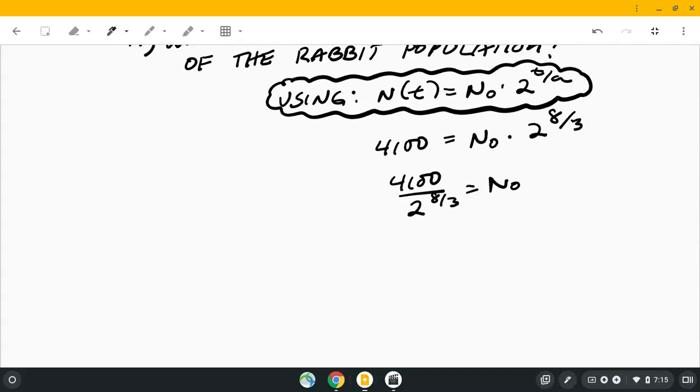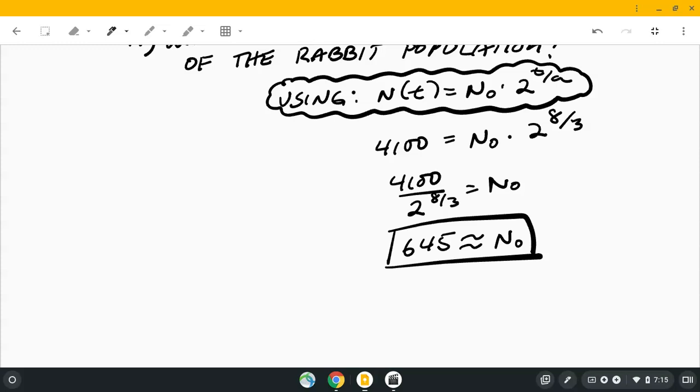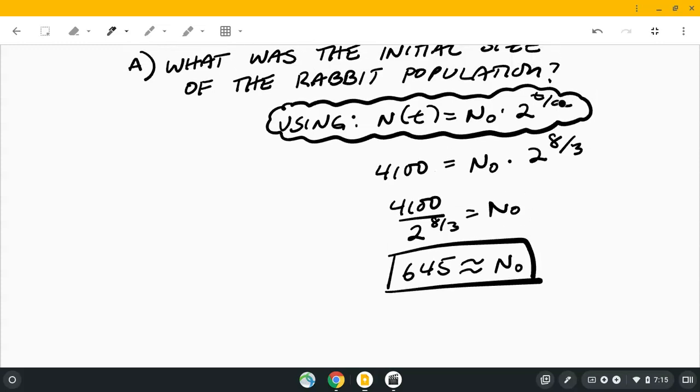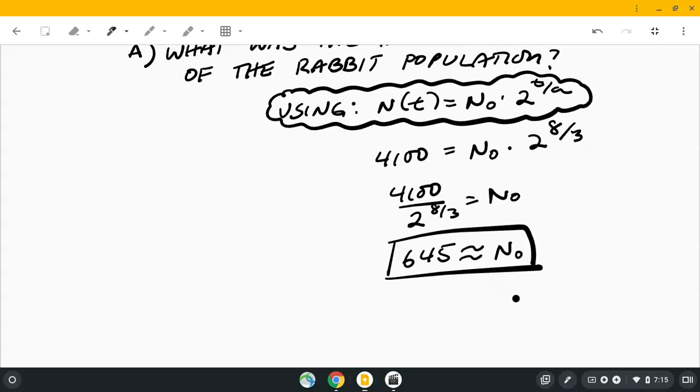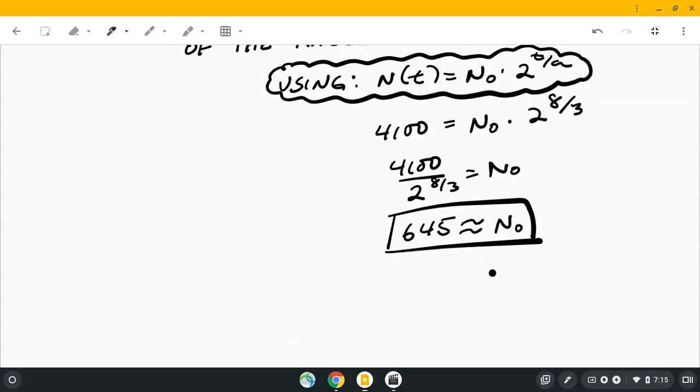Punching that into the calculator, I get roughly 645. This is nice because now that I have N naught and I know the doubling time is 3 months, I have a full function where I can make predictions.